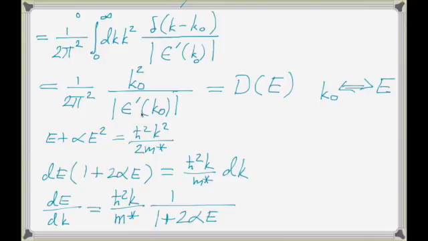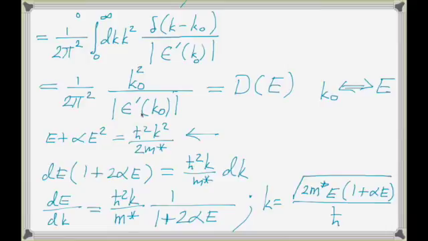The only other thing I need is k as a function of E. Just taking the square root of both sides of my dispersion relationship here, I get k. So those are the two things I need. This becomes my k0, and here's my derivative.